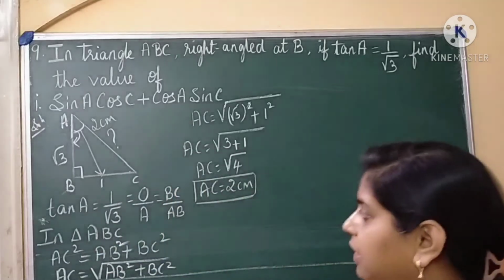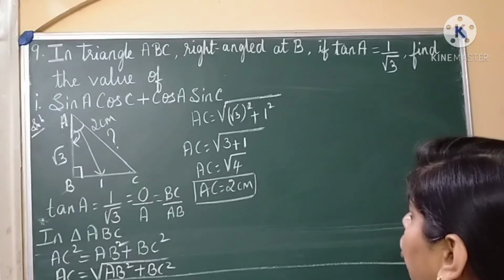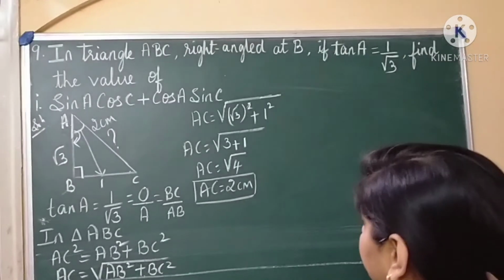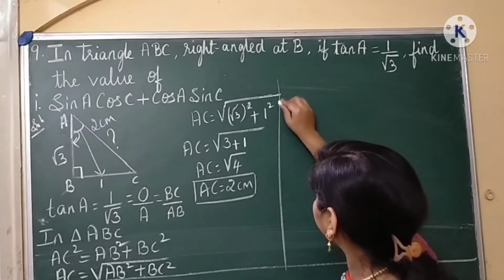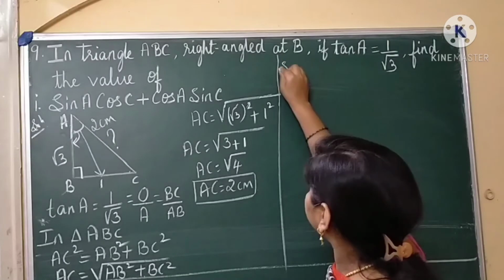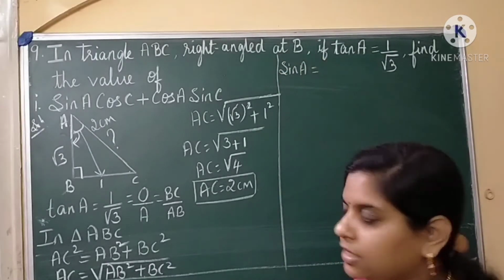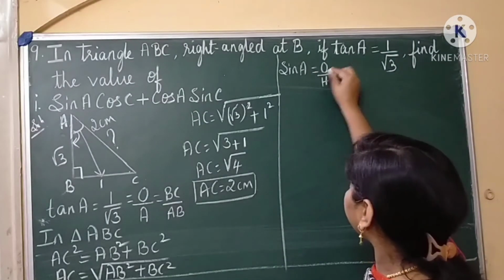After finding the sides of the triangle, let us find the trigonometric ratios sin A, cos C, cos A and sin C. Here we know that sin A, what is sine? Sine is opposite by hypotenuse.